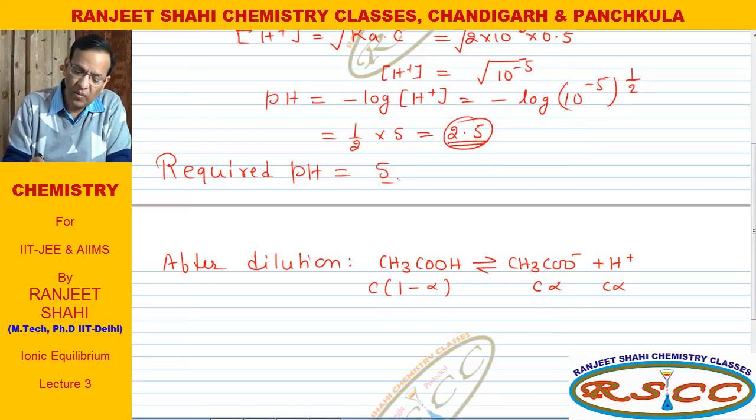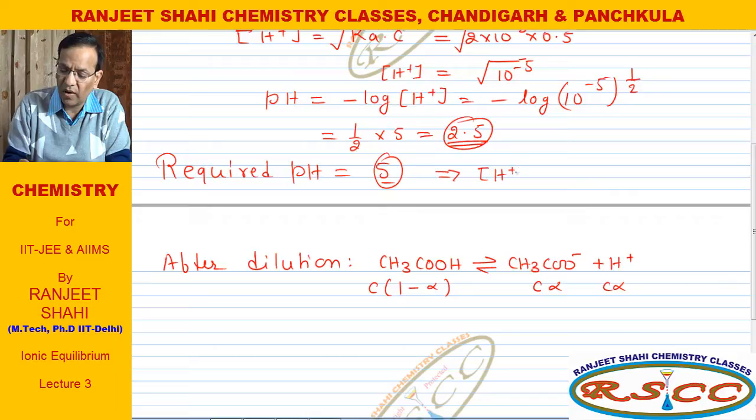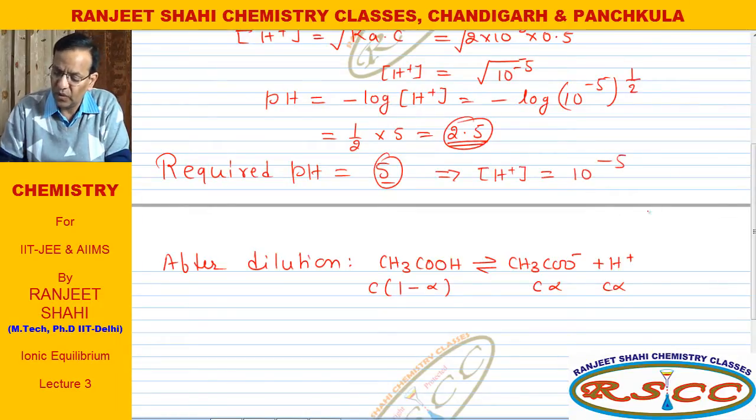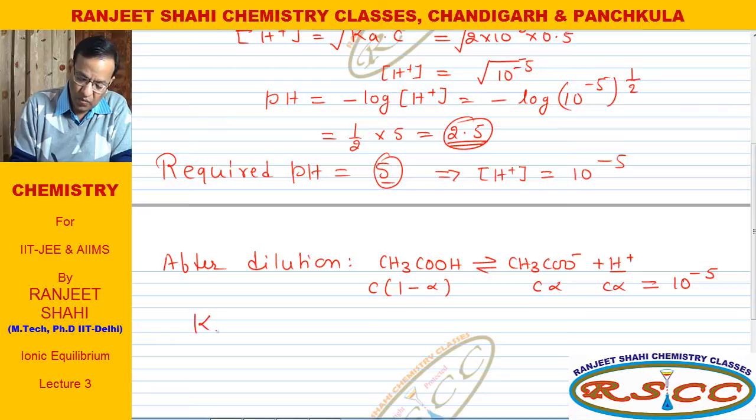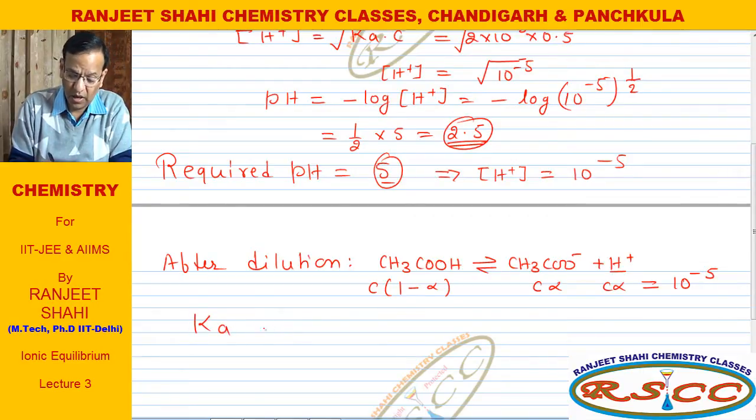The final pH is given. So the final concentration of hydrogen ion in the solution is 10 raised to the power minus 5. So this C alpha, which is the concentration of hydrogen ion in the final solution, is given to us. It is 10 raised to the power minus 5. Now if we write the equation of Ka, it will be C alpha into C alpha divided by C into 1 minus alpha.